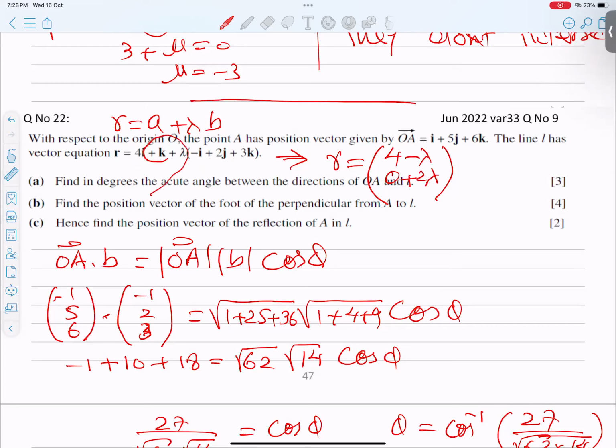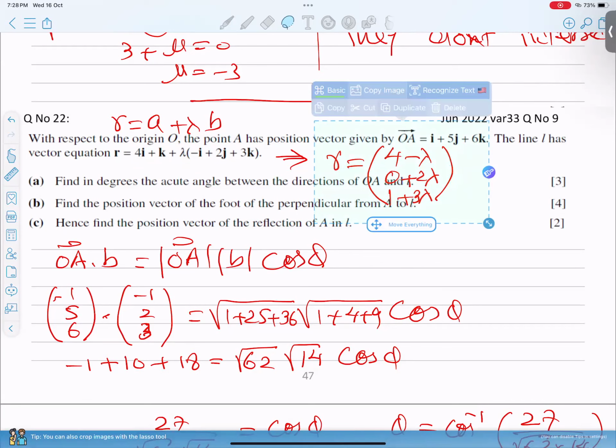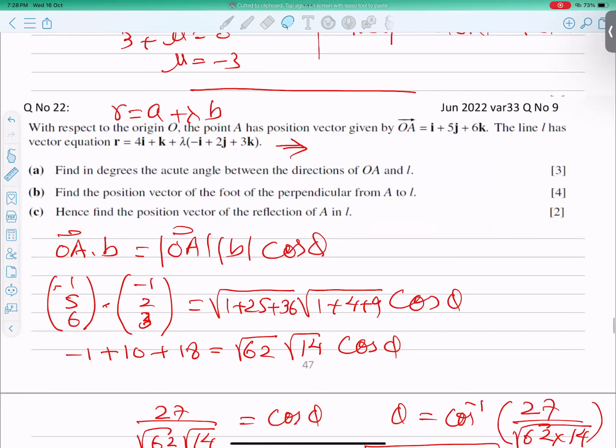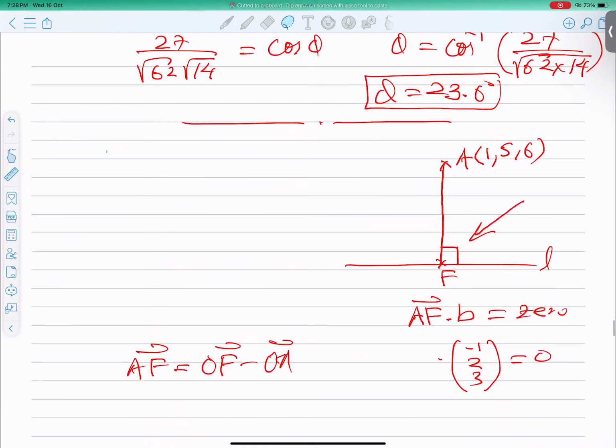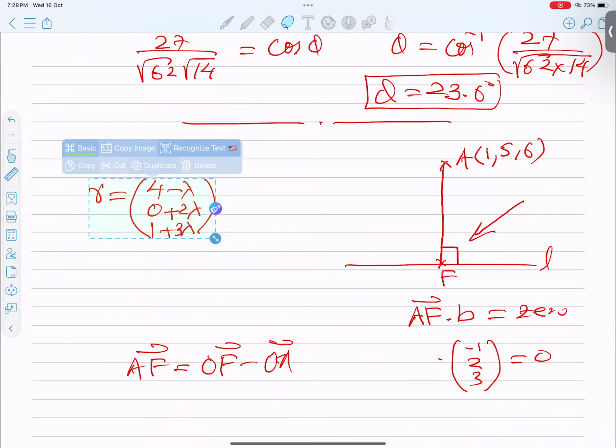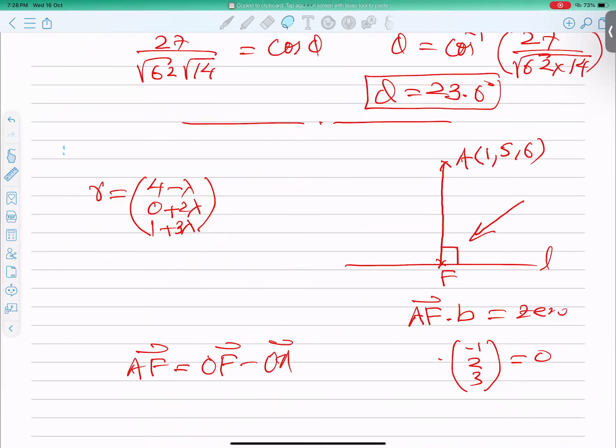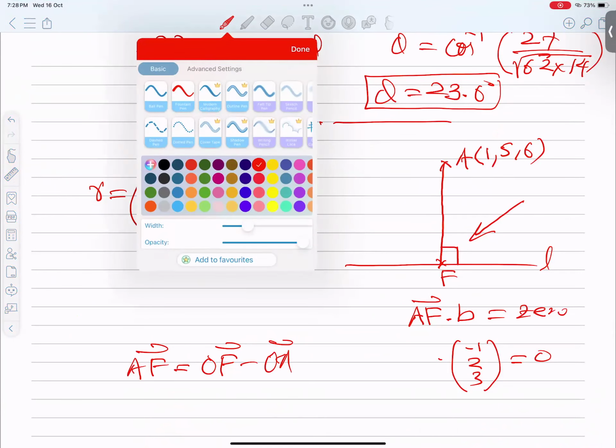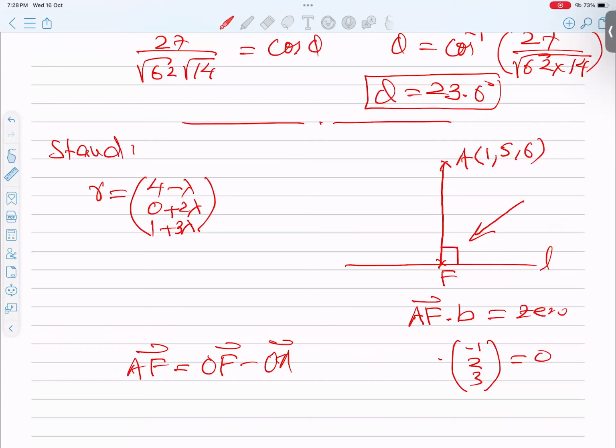Here the k coefficient is 1, so I'm writing 1. And lambda times 3 gives 3 lambda. I believe this is very clear. I am copying and cutting from here and bringing it here. And I will write a title on top: standard form of line L.